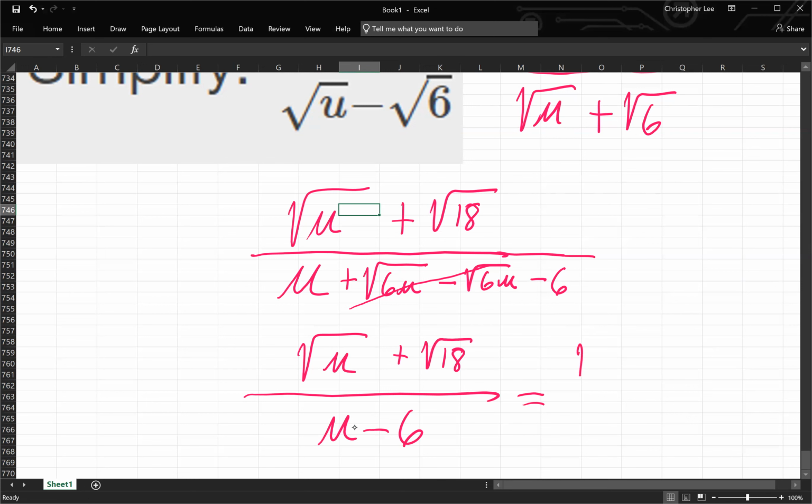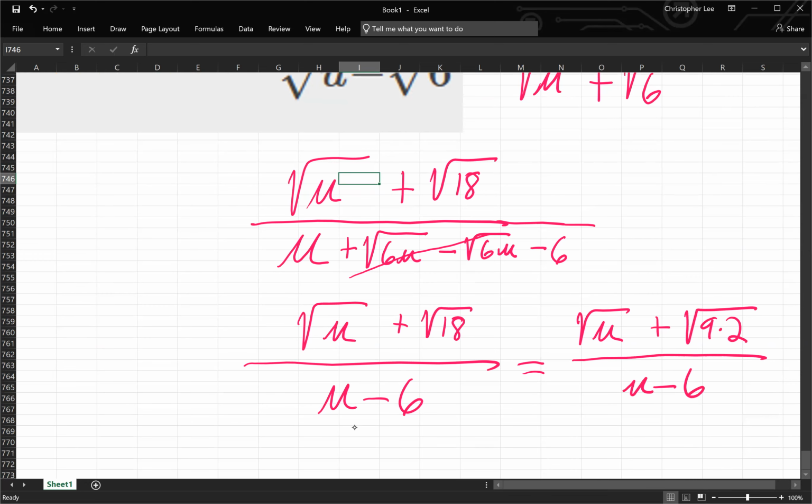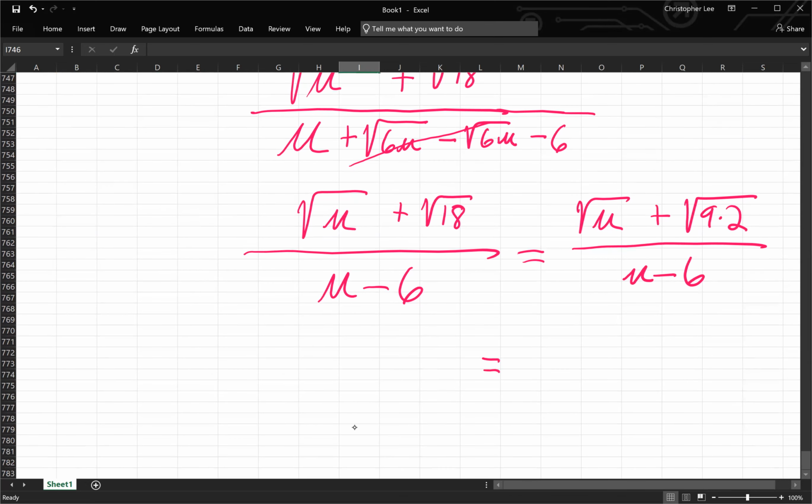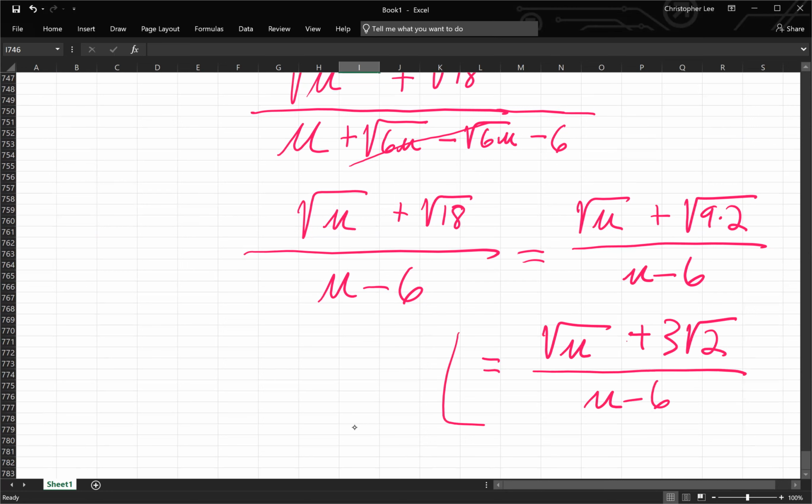So square root u plus square root 9 times 2, over u minus 6. So I feel like I would take a final answer of square root of u plus 3 square root 2, all over u minus 6.